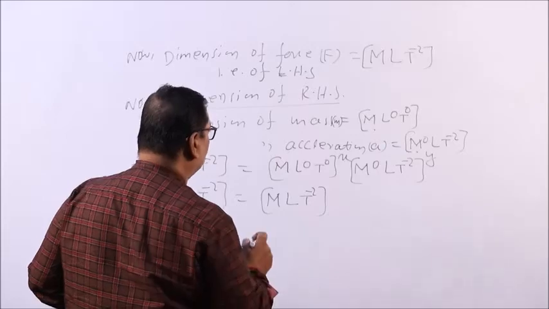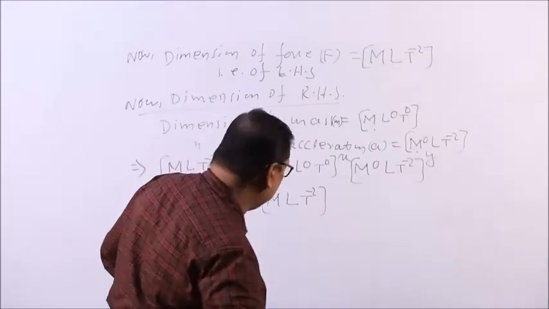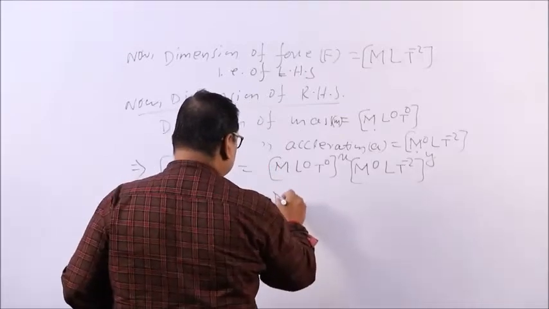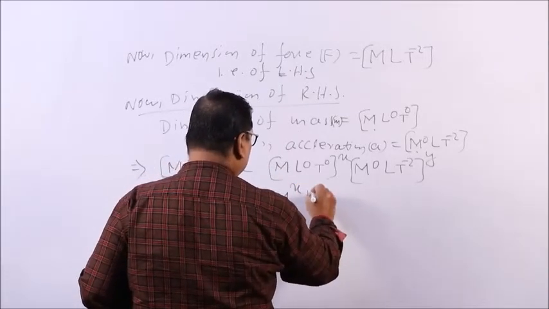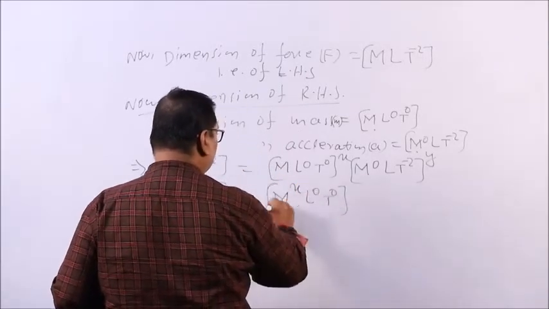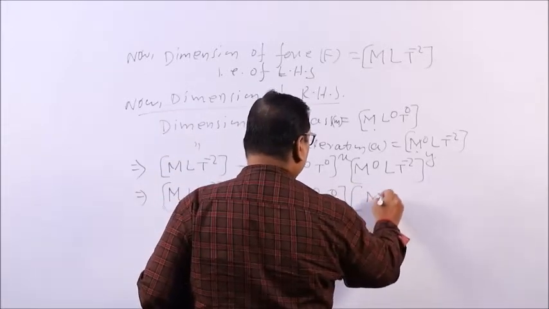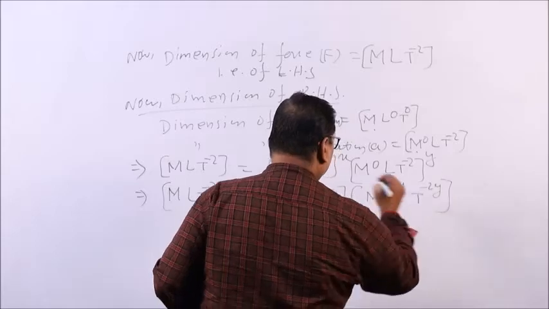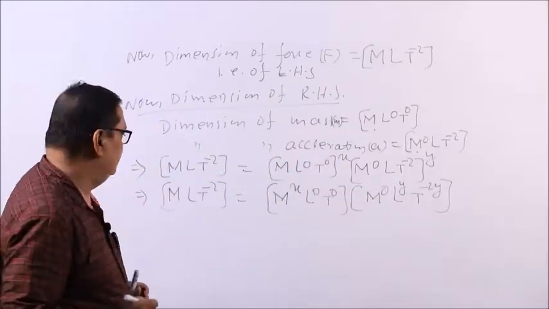So, sorry, this is m to the power x L0 T0, and here m0 L to the power y.